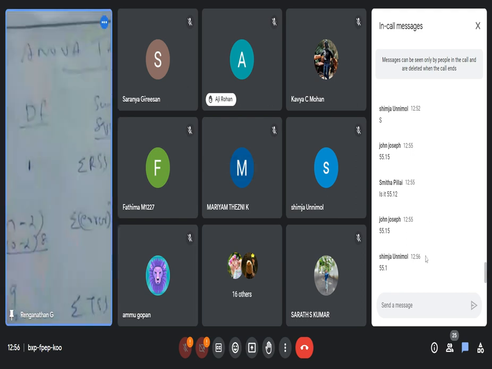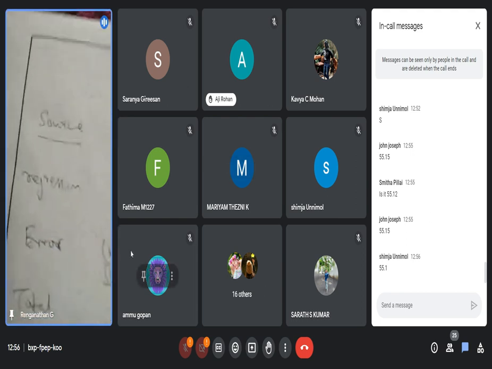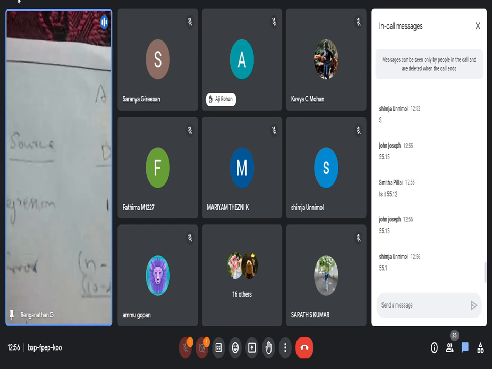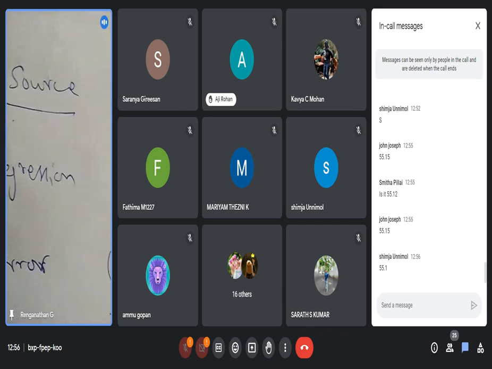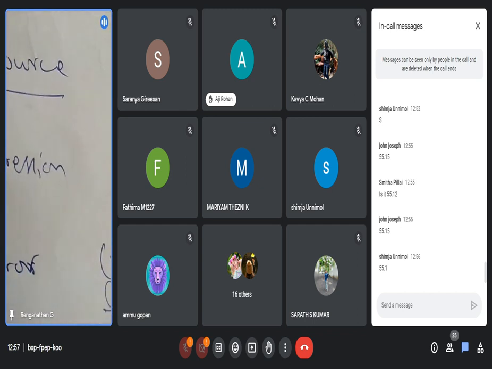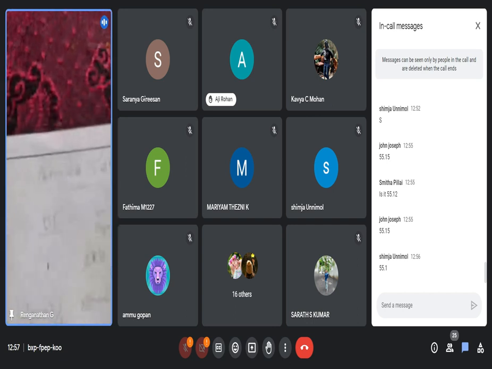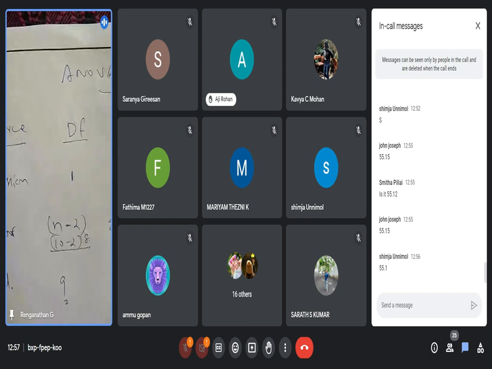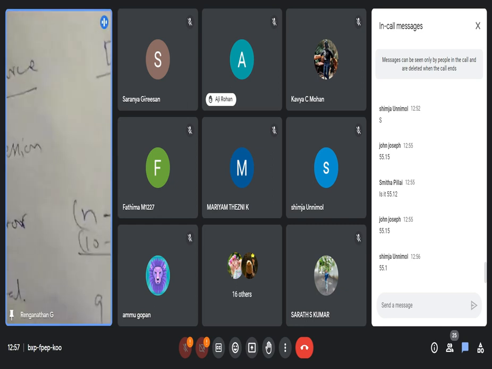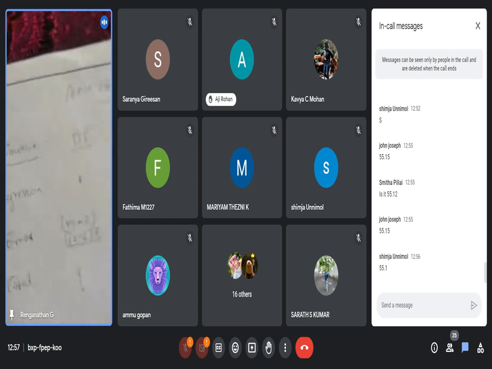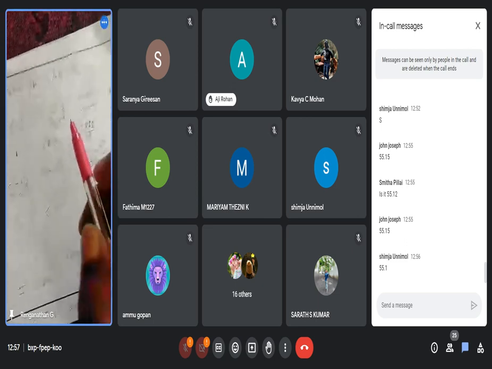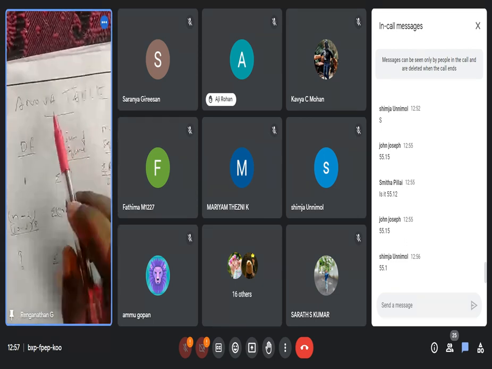Now look at this. We are going to check whether the regression equation formed confirms the hypothesis. That is why we are going to check with the ANOVA table. Everybody look here.